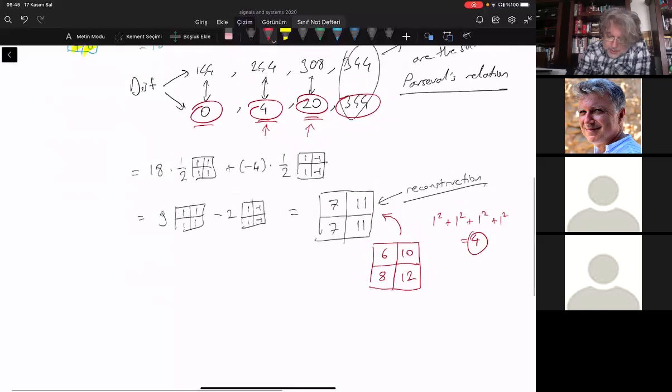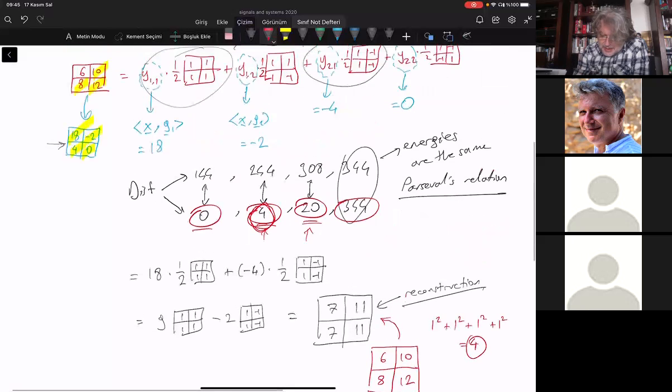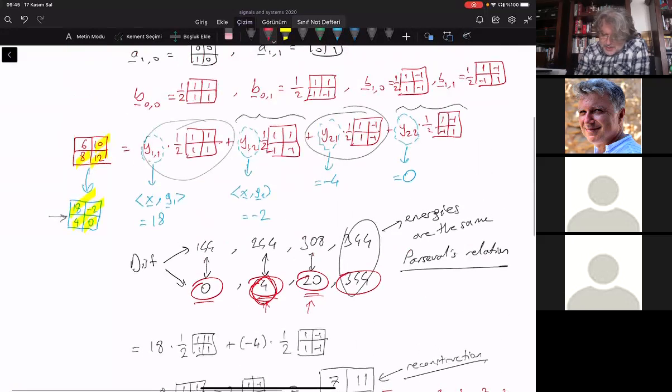Now look at this 4 and this 4 that I'm indicating. They are the same. Did we need to make this kind of a reconstruction to see that the mistake that we make is essentially 4? Actually, no. This is always valid as long as the basis that you're using is orthonormal. Just to convince a little further, let us also eliminate this one.